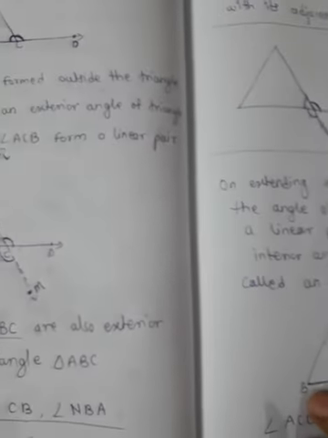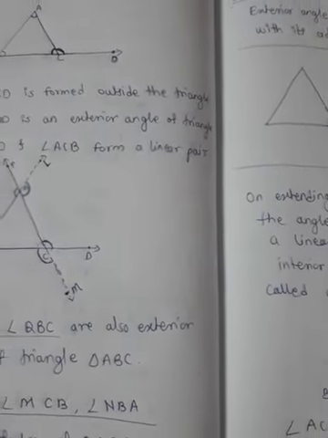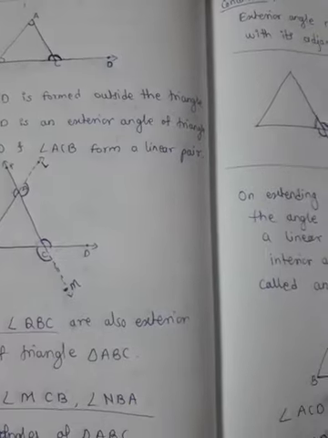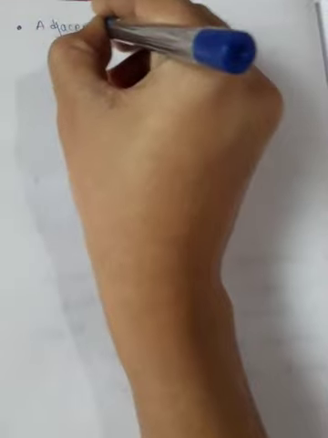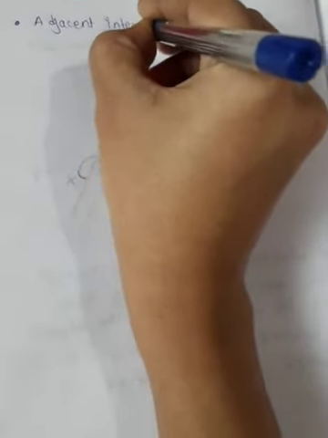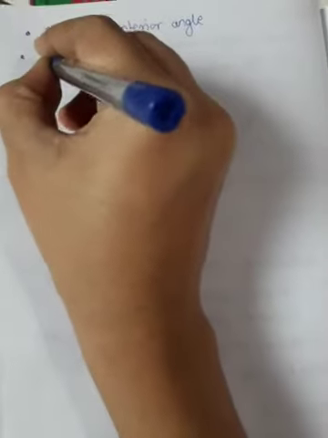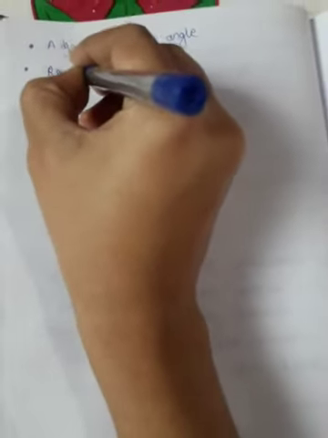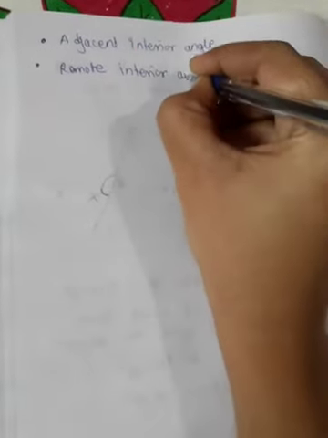Now let's see some properties of exterior angles of a triangle. Before that, understand two things: the adjacent interior angle and the remote interior angles.